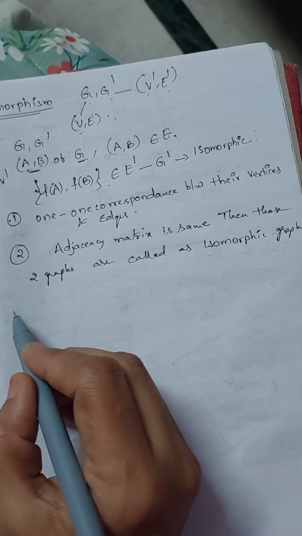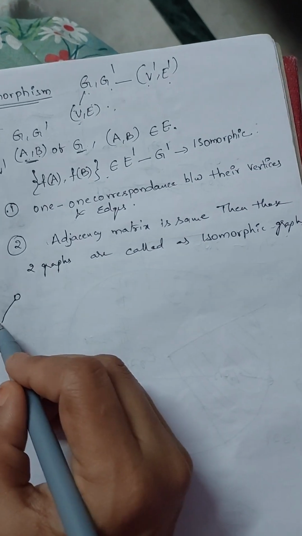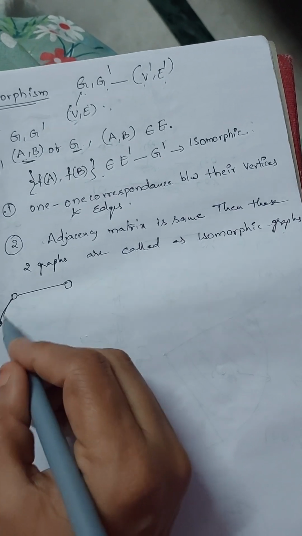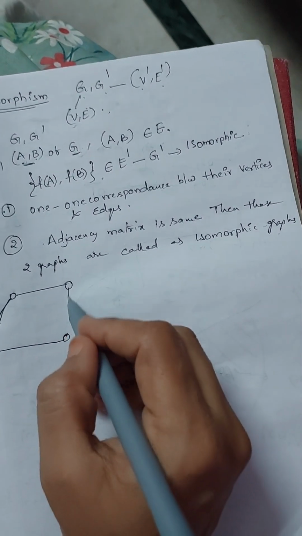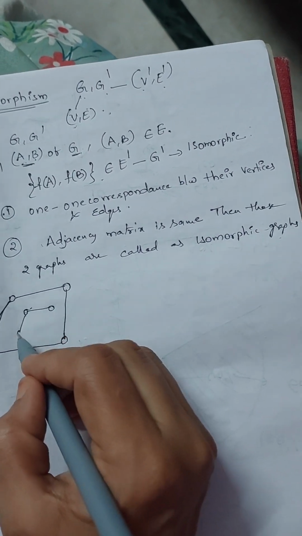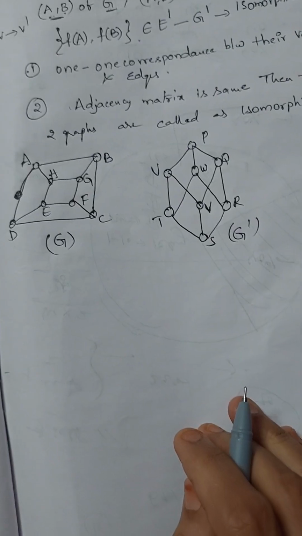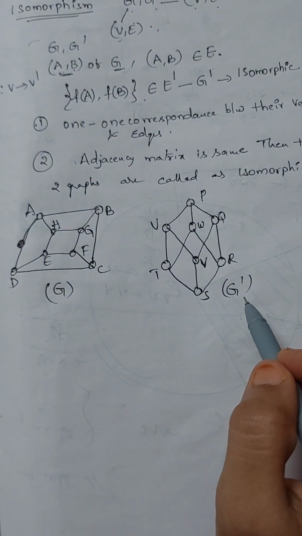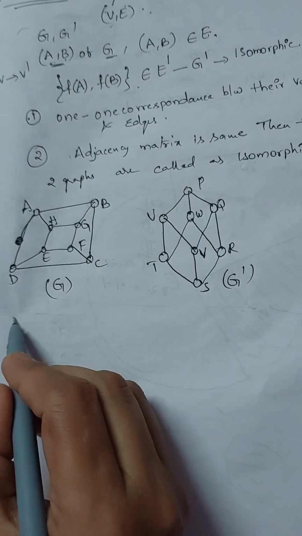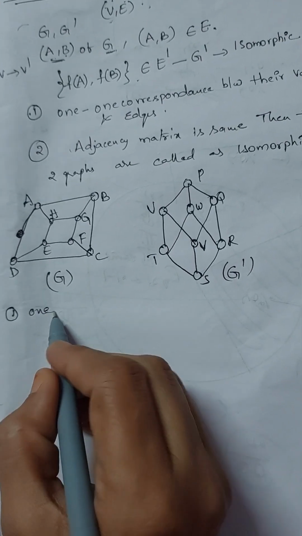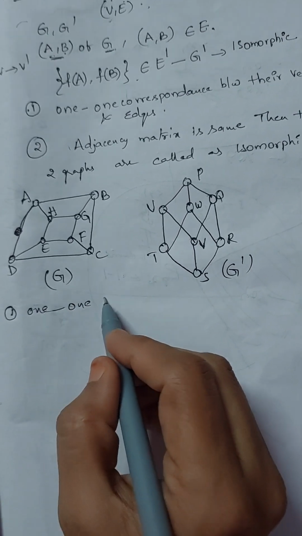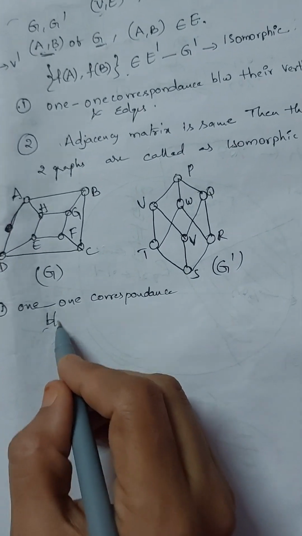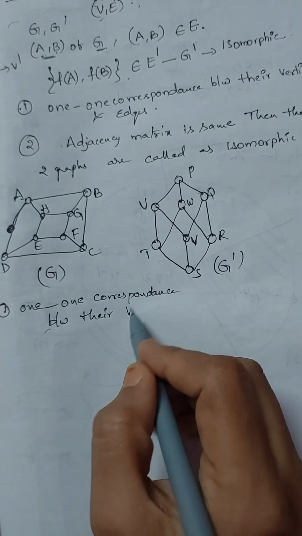For example, here there are two graphs G and G dash. First of all we have to find the 1-to-1 correspondence between their vertices.